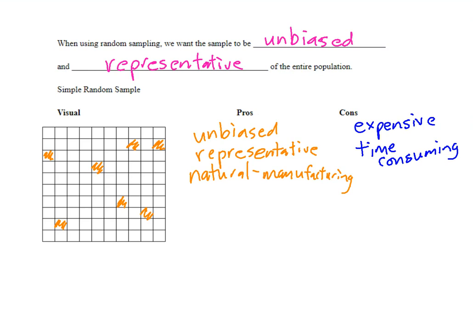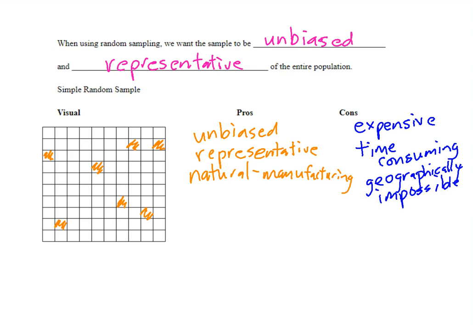It would just take a long time. You have to go all over the place within your population. And then again, depending on what you're doing, sometimes this can be geographically impossible. You just can't pick and choose randomly if we're spread out by hundreds and thousands of miles.